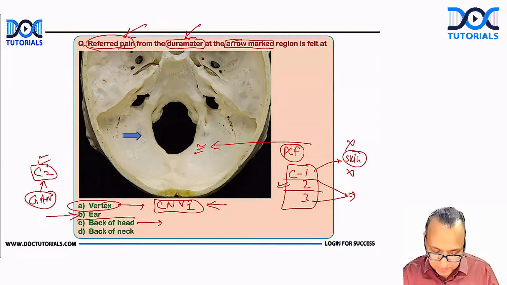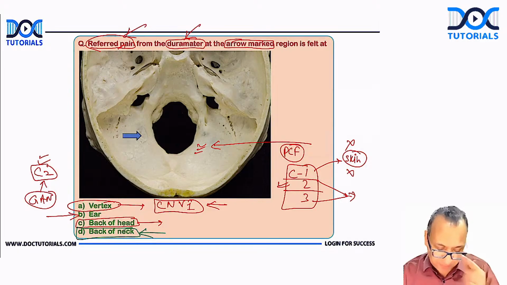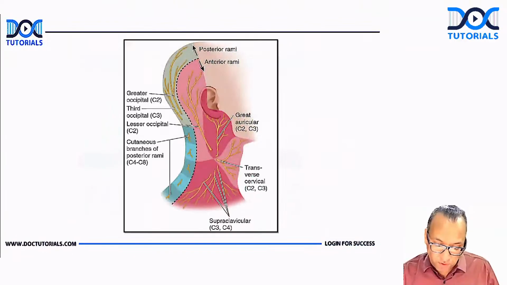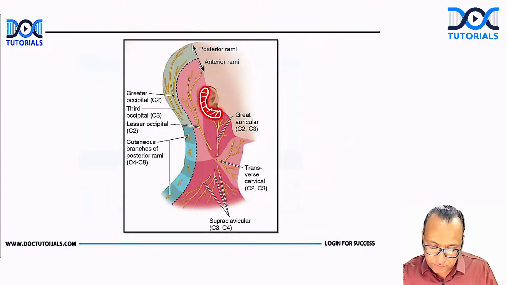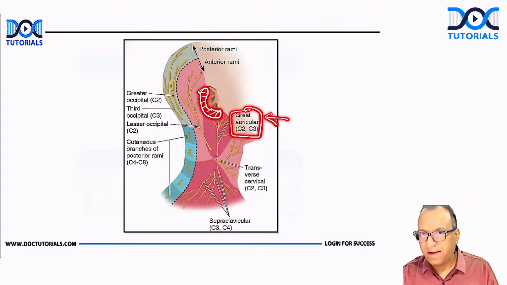I think the best answer will be back of head. Of course, it can also go to the back of neck as well. But then back of head and ear appear to be better options. You see here, when you are talking about the dermatomes, you will find that the greater auricular nerve supplies a greater part of the auricle, and it has root value C2, 3. So pain can definitely go to the ear.